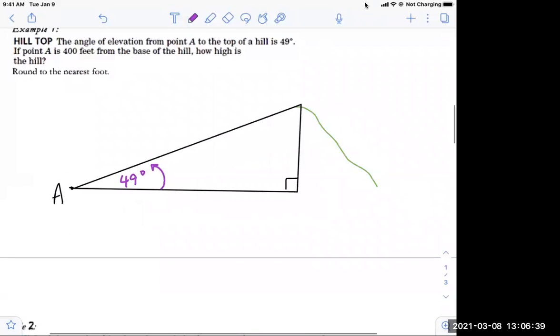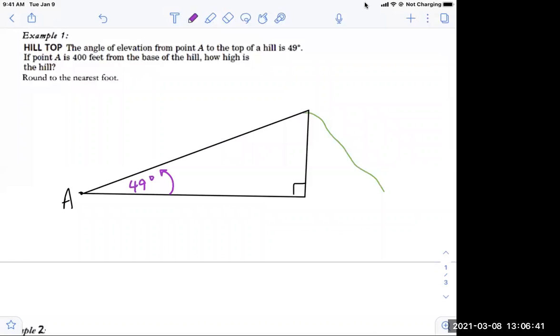Point A is 400 feet from the base of the hill. Okay, Brooke, where does the 400 go? Would it be from point A to the right angle? Yeah, from point A to the right angle, that's the distance from A to the base of the hill. It just means the bottom of the hill. Okay, how high is the hill?